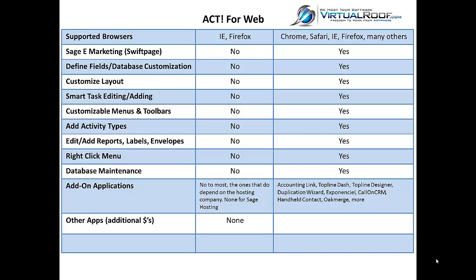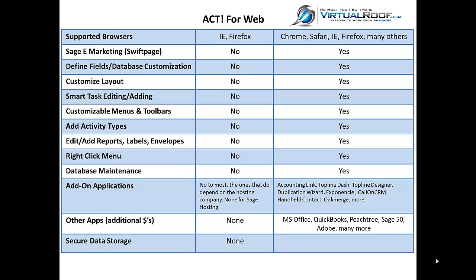Other applications. Now, I'm not talking about ACT add-on applications at this point. I'm talking about things like Microsoft Office, QuickBooks, Peachtree, Sage 50, Adobe, and many more applications. We actually host over 300 software applications. With ACT for Web, you're not getting any of those. Secure data storage.